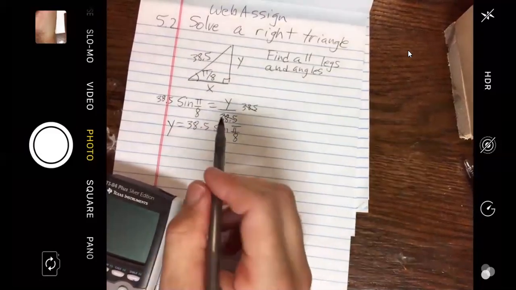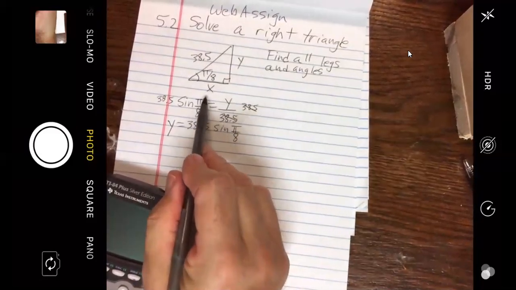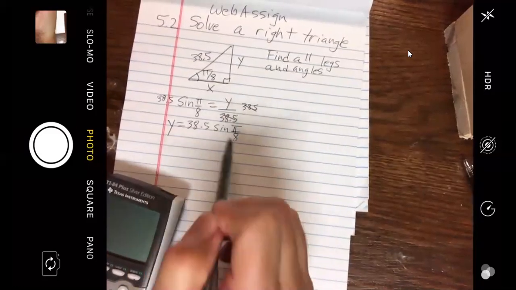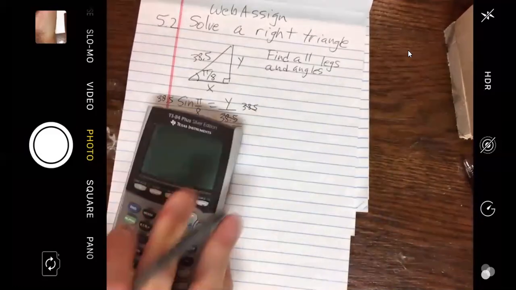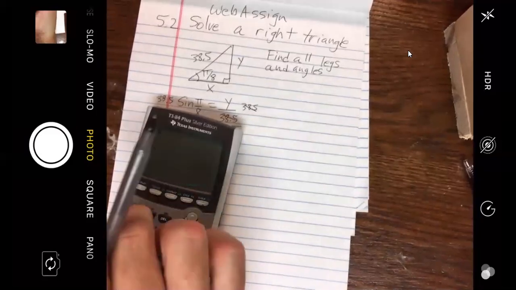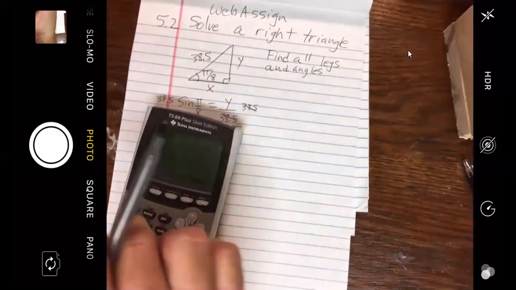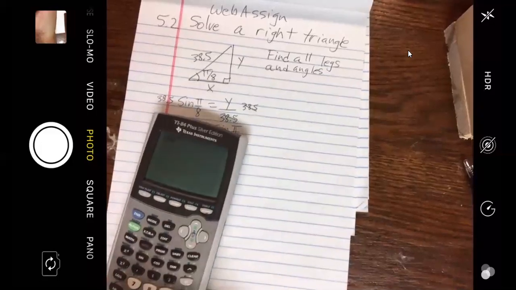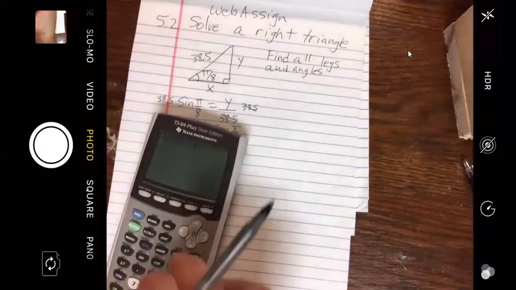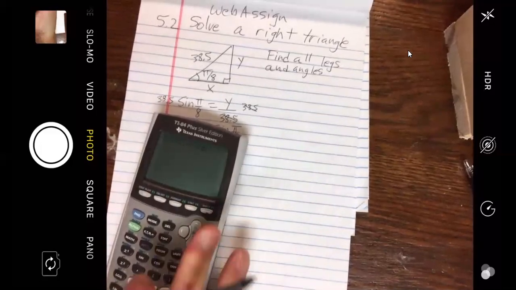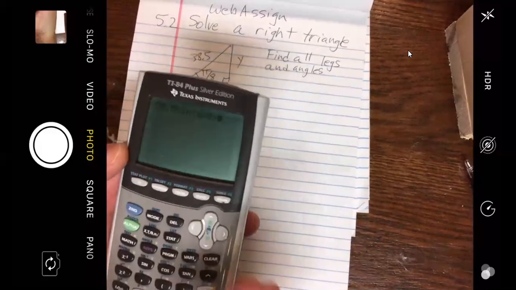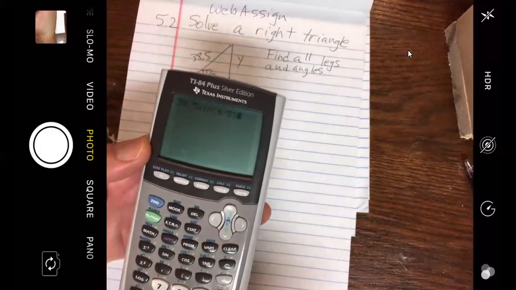So that's why it's important to look for the little circle degree symbol. If you see that, that's degree mode. If you don't see it, it's radian mode. Let me check, and I am in radian mode. So it's simply a matter of punching 38.5 sine pi divided by 8. Easy punch. Just a shame to screw it up if you're in the wrong mode.